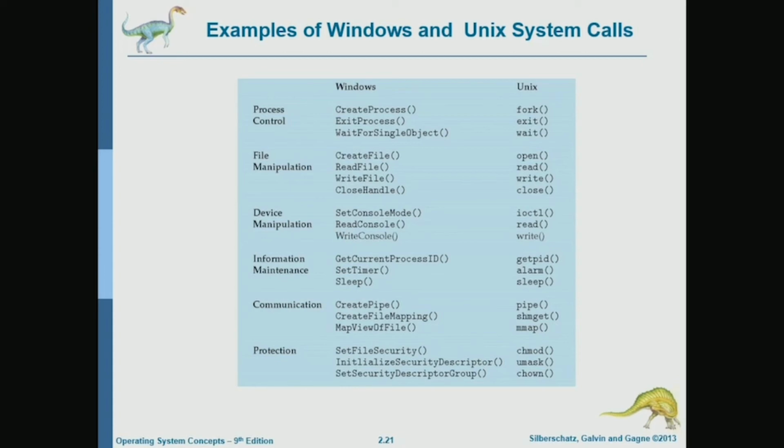As you can see, the system call names on Windows are longer and more descriptive than the system call names on Unix. Okay, so we will be using some of them, not all of them in the assignments.